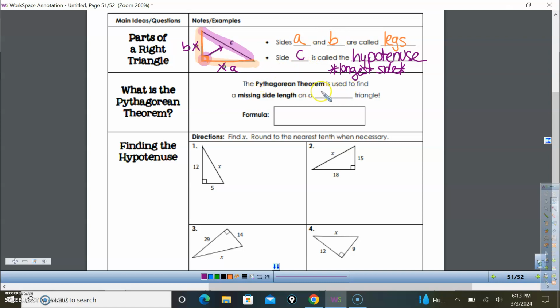So the Pythagorean theorem is used to find the missing side length of a right triangle. And as I mentioned earlier, this only works for right triangles. The formula for the Pythagorean theorem is a squared plus b squared equals c squared.